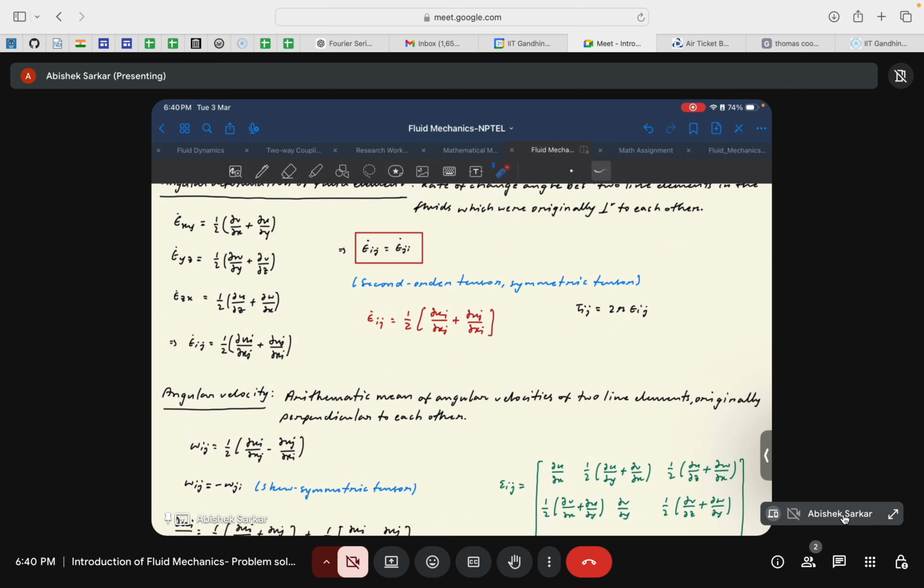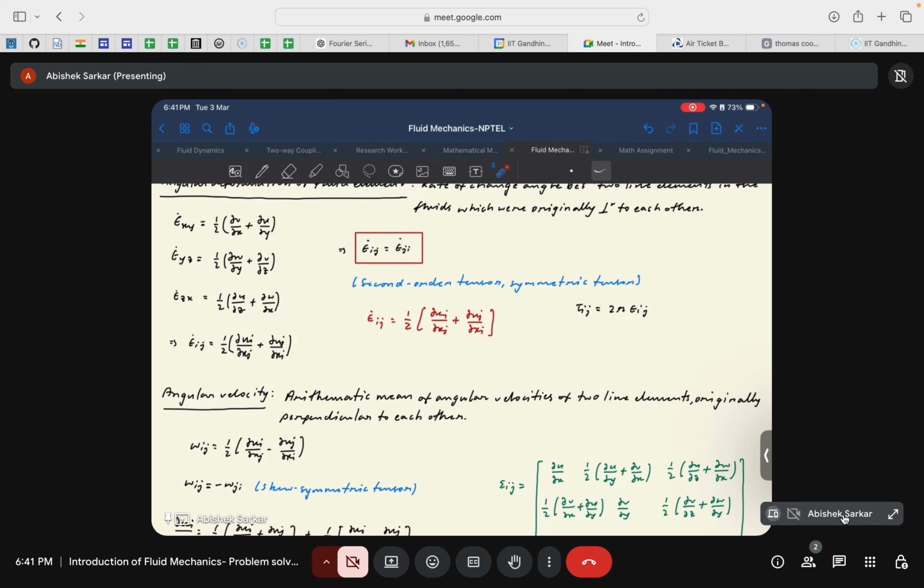Okay, so if you are considering the derivative of the v velocity component, the y velocity component, take the derivative of the y velocity component with respect to x. Similarly, add it with the derivative of the u, the x velocity component, with respect to y, and you do a similar thing for yz as well. If there is ∂w, then you take the derivative with respect to y, not with z. Similarly, if you're taking the derivative of the y velocity component, take the derivative with respect to z.